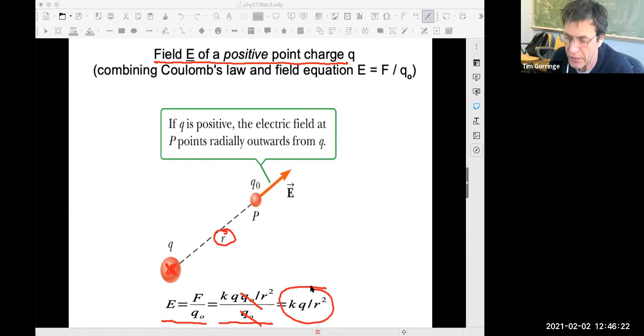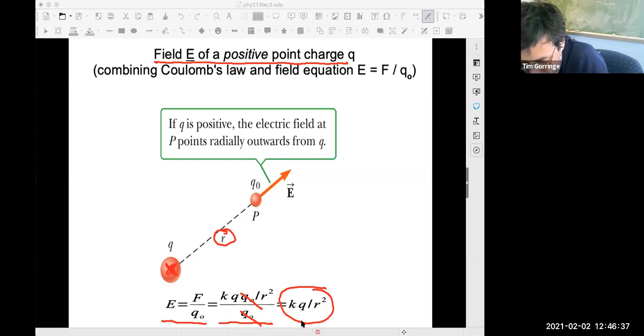A smaller charge will create a smaller surrounding electrical field. As you increase the distance from your charge, the field decreases as an inverse square law. And so that's the equation. This is an important equation. We'll use it a lot as a building block. It's the equation for the electrical field of this point charge.